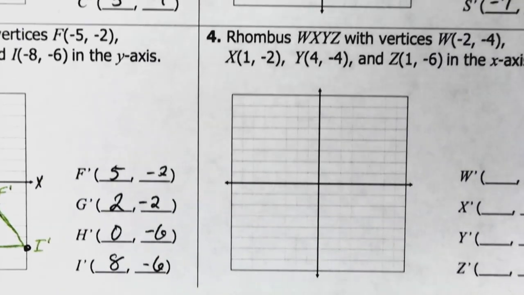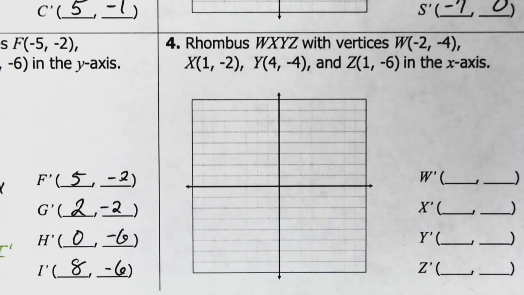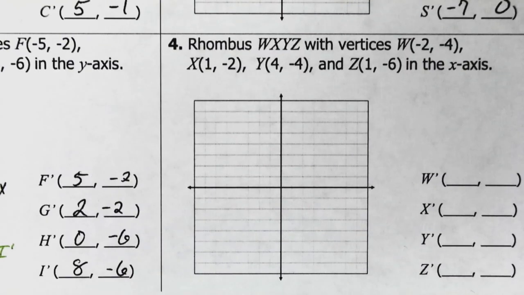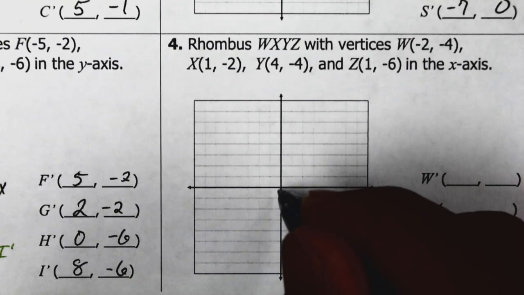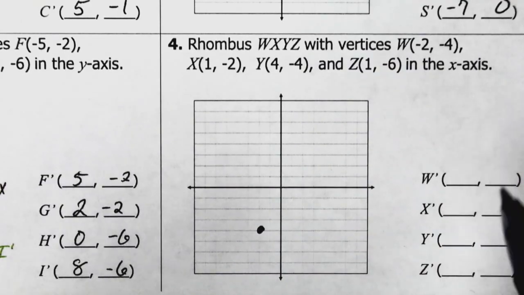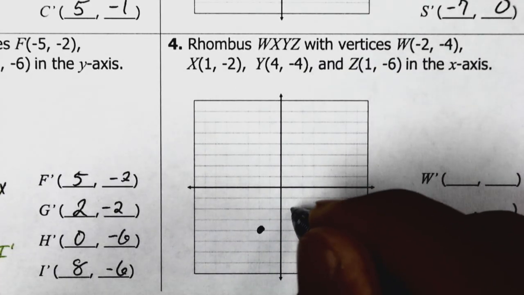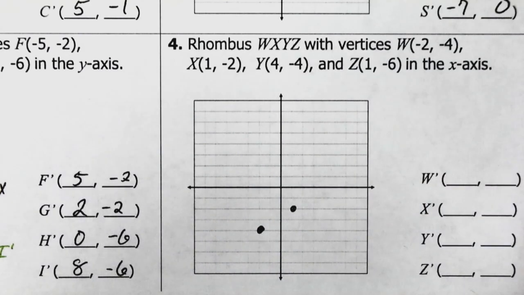All right. Finally, the rhombus reflecting over the x-axis. So rhombus WXYZ. W is at -2, -4, which is right here. X is at 1, -2, which is right here.